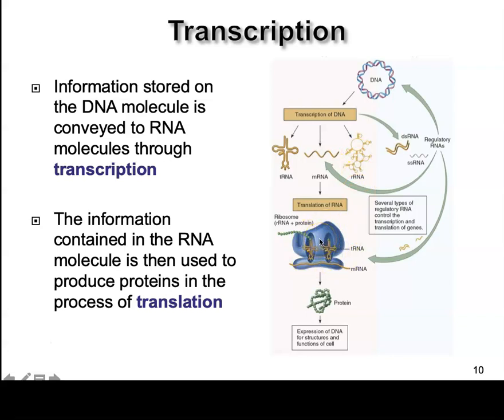It also has protein. And then the tRNA, transfer RNA, is involved in bringing an amino acid to the ribosome as part of translation. But we're not going to cover translation in this lecture. Translation is that third step where we finally make our protein.